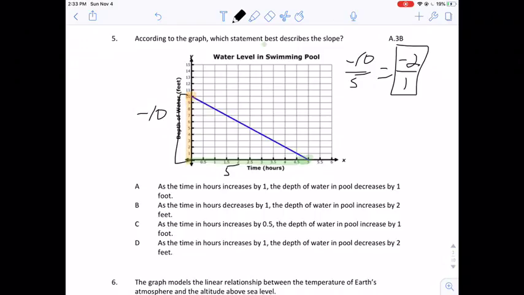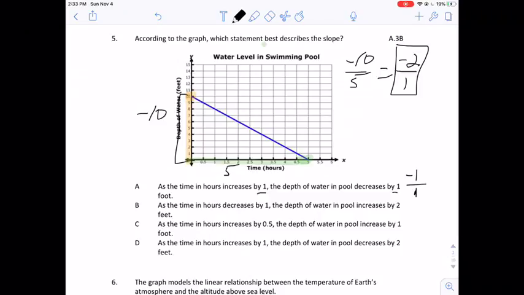So let's see. As time in hours increases by 1, the depth of the water in the pool decreases by 1. Well, I don't think so, because if I do this slope, it's going to be hours, which is on the bottom, and decreases 1.